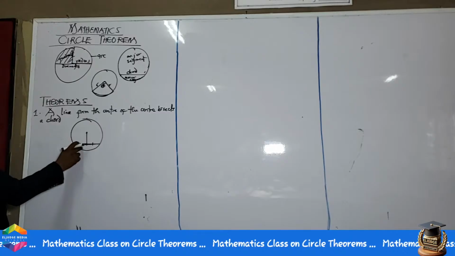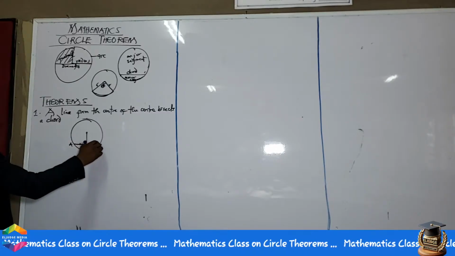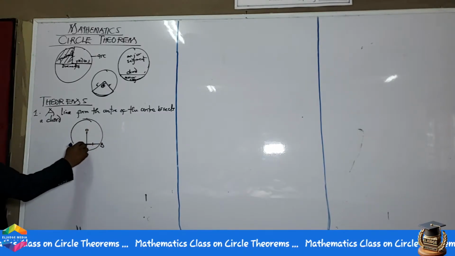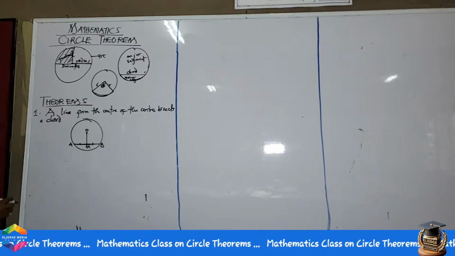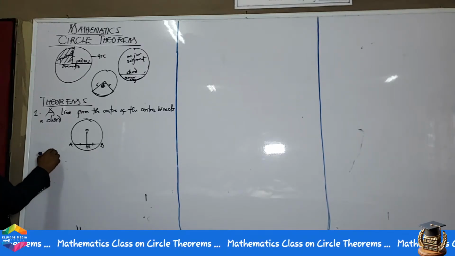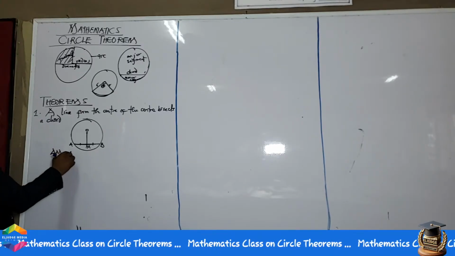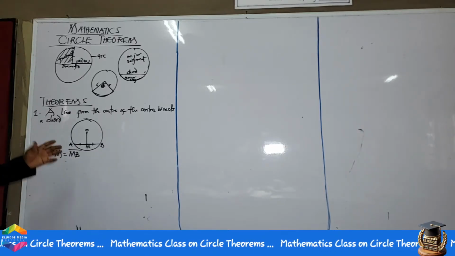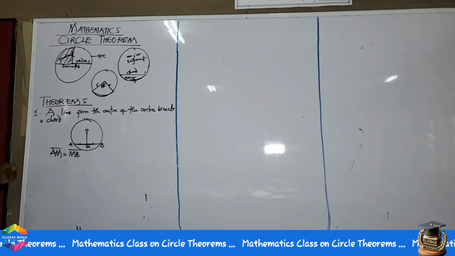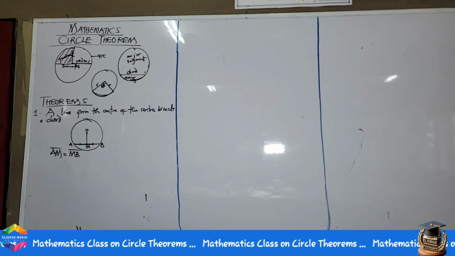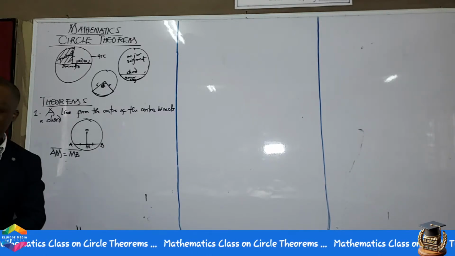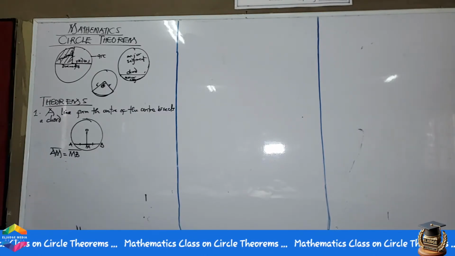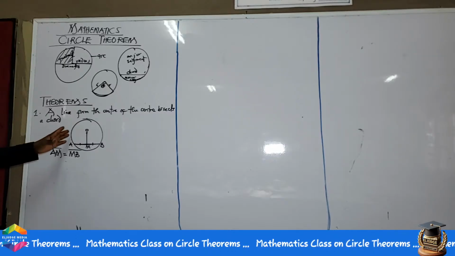So I have A, B here, this is my O, and this is M. In this case, I can say AM equals MB. This is one of the first theorems we have to understand: whenever a line comes from the center of the circle, it bisects the chord.